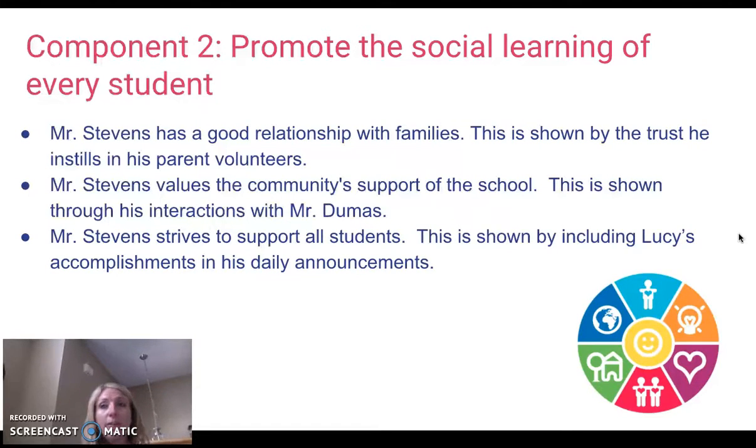He was very excited for him to come, and he thanked him for being a part and supporting the school. And then Mr. Stevens also strives to support all his students. He was very proud of Lucy and her accomplishments, that he made sure to include it in one of his daily announcements so that everyone in the school could recognize all the hard work she had put in.